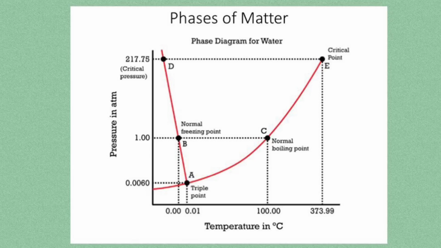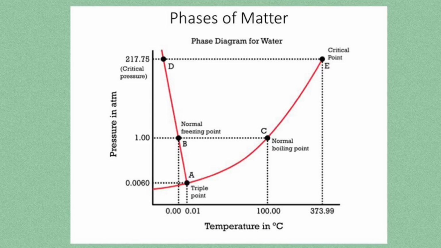And so to read this at a given pressure, for example if you are at 1 atmosphere and you increase the temperature, at some point you're going to hit the normal freezing point here at 0 degrees Celsius, and so you have the transition from solid to liquid.